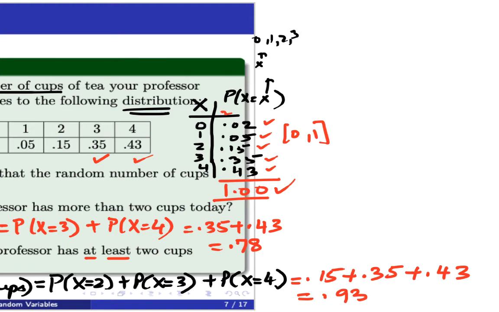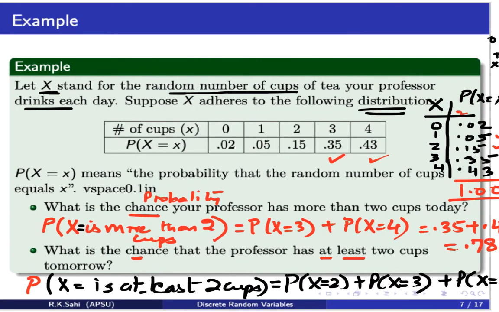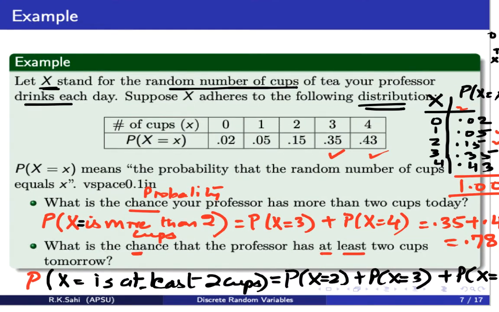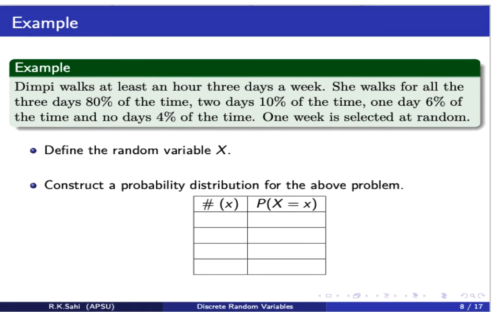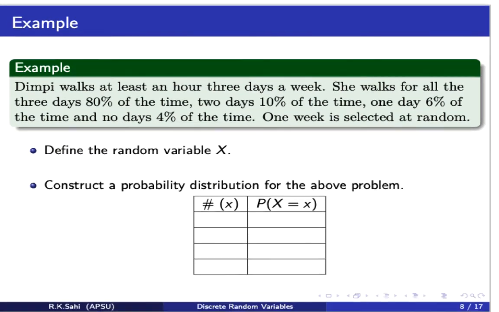Now, let's look at an example from a different perspective. The next one is talking about things we all like to do. Right now, we would like to be healthy, do some exercise. Exercise can be walking, exercise can be running. So here I'm taking an example of walking.